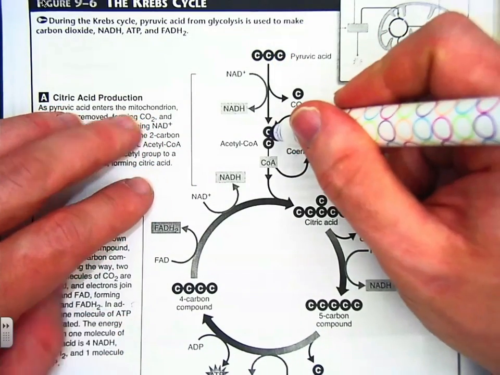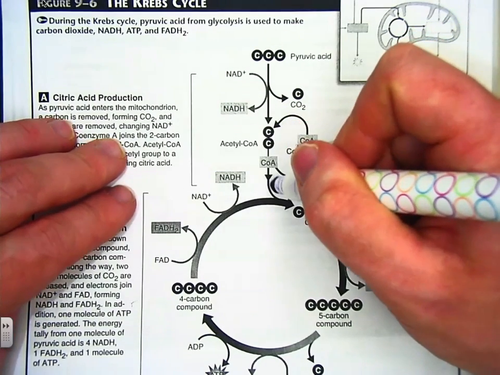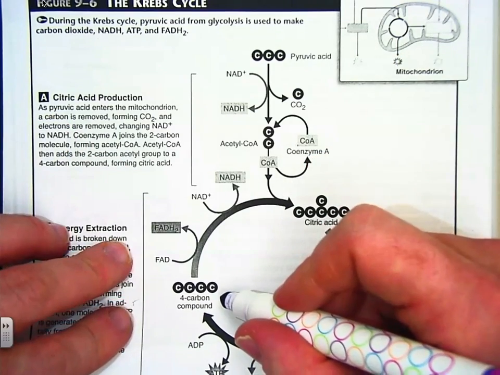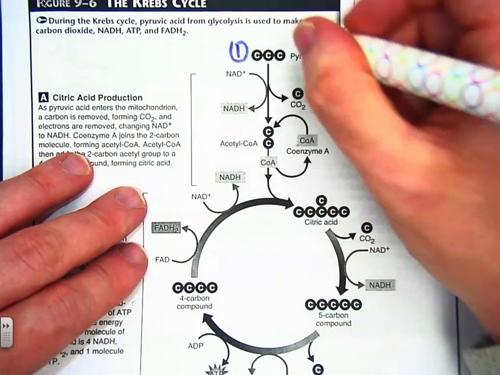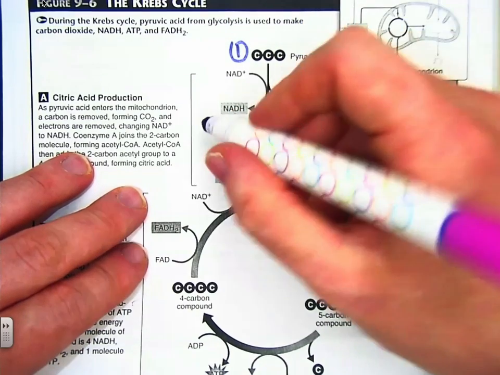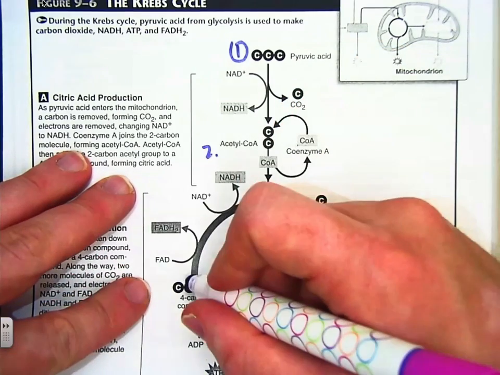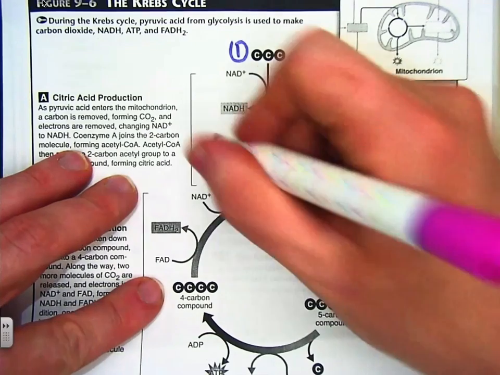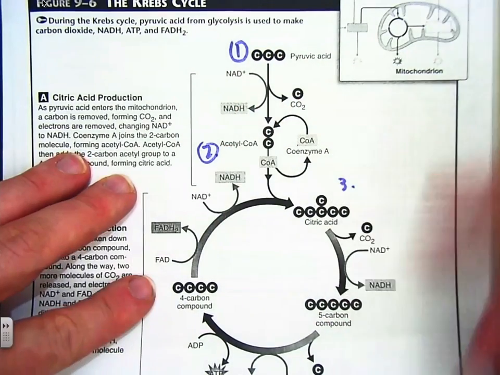Alright? Acetyl-CoA, the next step for acetyl-CoA is to merge into the Krebs cycle, combining with a 4-carbon compound to make citric acid. So step 1 is pyruvic acid gets broken down into acetyl-CoA. Step 2, acetyl-CoA gets added to a 4-carbon compound to make citric acid. And finally, step 3 we're going to read about right now.